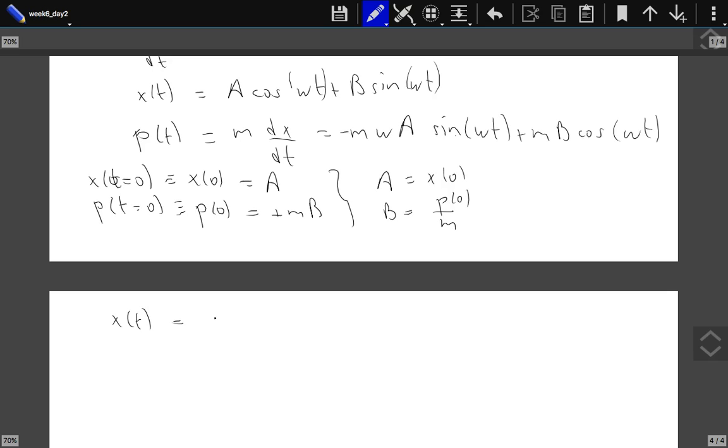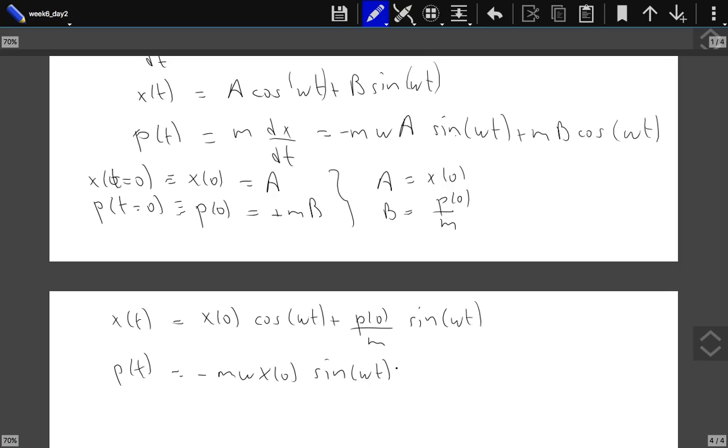So we know x of t is equal to x of 0 cosine omega t plus p of 0 over m omega times sine omega t. And p of t is equal to minus m omega x0 sine omega t plus p0 cosine omega t.